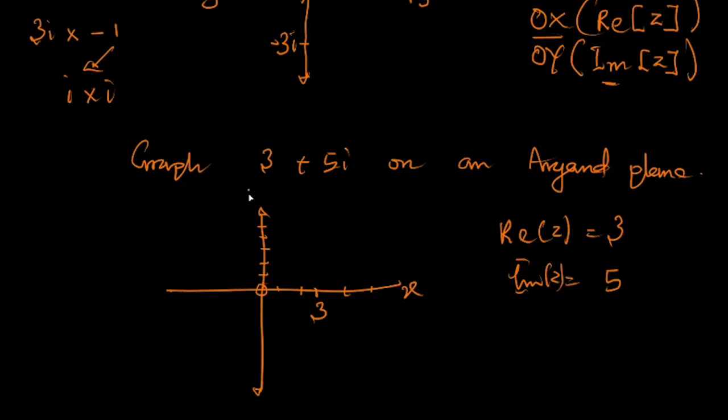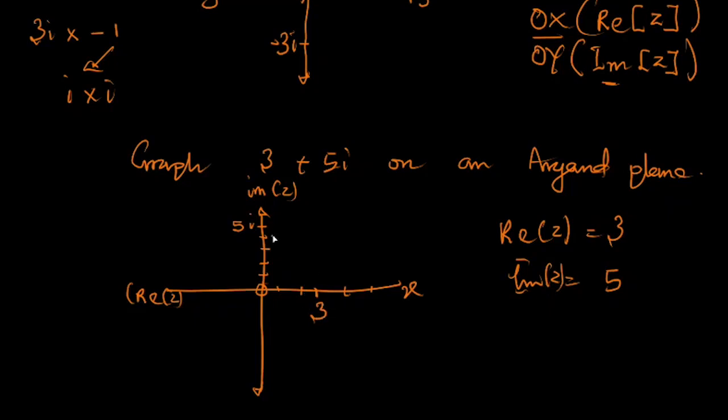So I can even write Im of z here, so that we'll know. And here I'll write Re of z, something like that. So exactly. So our 5i is going to be somewhere here. I don't know how to scale, so there's no point. So our 5 is going to be here. Our 5i is going to be here.